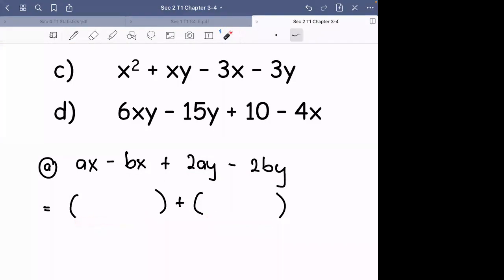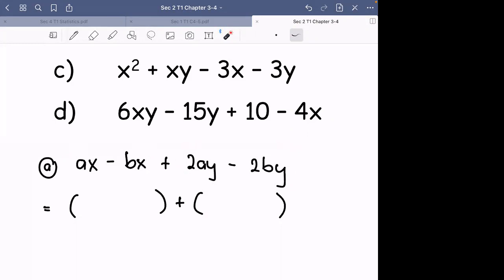So for example, the usual format, class, is this: the first and the second go together, and then the third and the fourth term go together. It's the usual, but sometimes in other questions they jumble this. For our first question, the format is always like that.